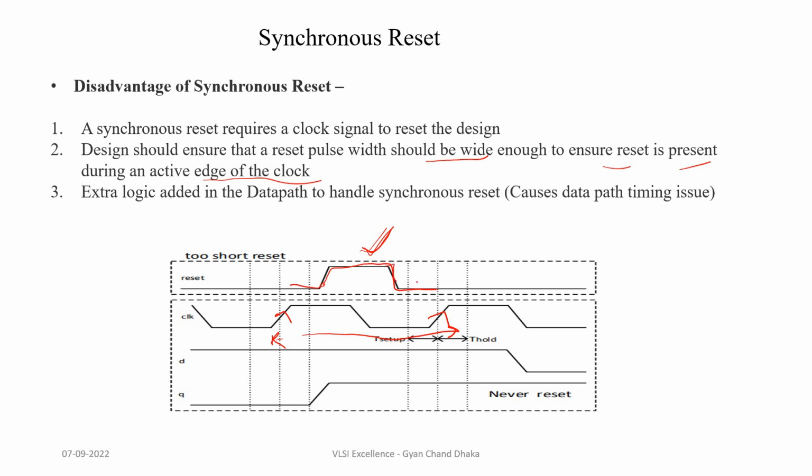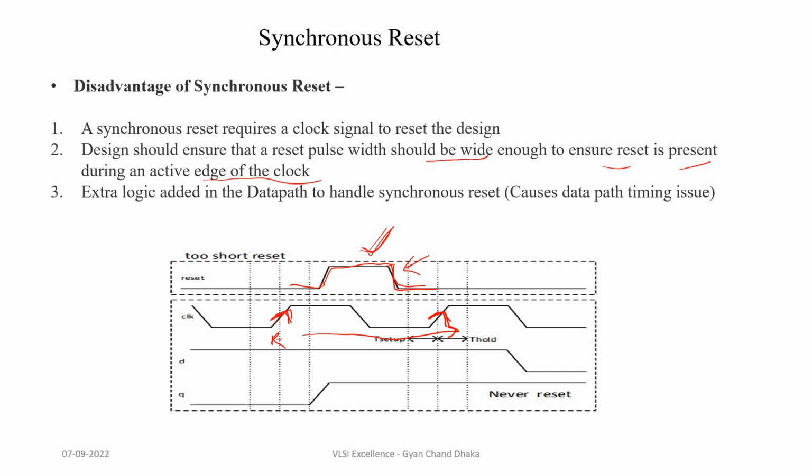So this reset pulse will not get detected at this clock edge or this clock edge. We have to make sure that the reset pulse is wide enough so that it can be detected by an active clock edge, and then the reset signal can go further into our design and reset all the required flip-flops. So this is again a disadvantage of synchronous reset.